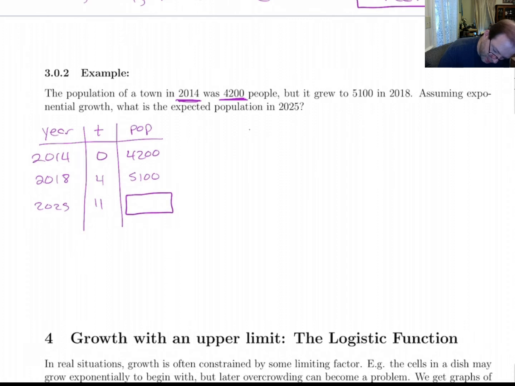So first up, we'll use these two. A is 5,100. A naught is 4,200. R is what we're solving for. T is, in this case, 4.